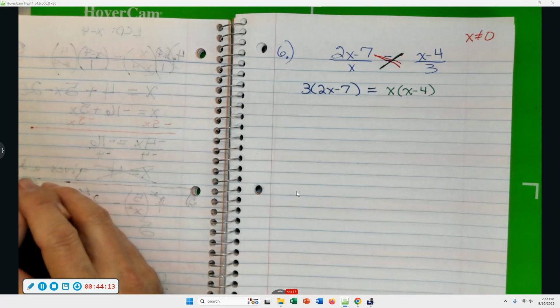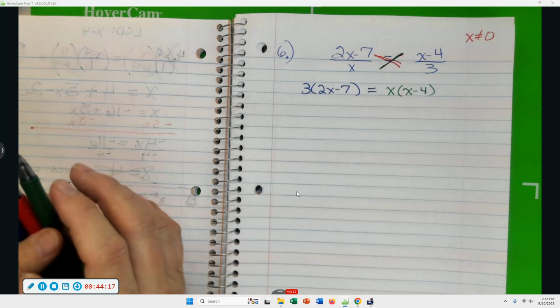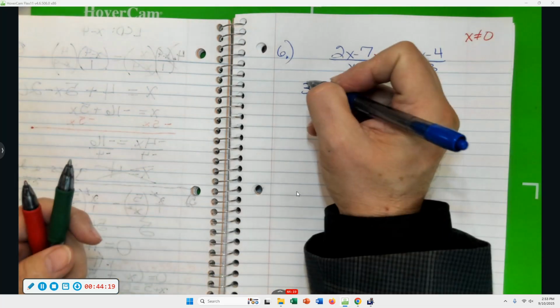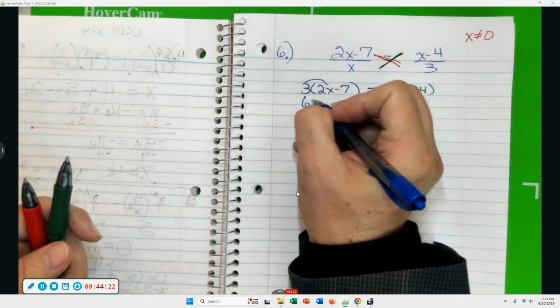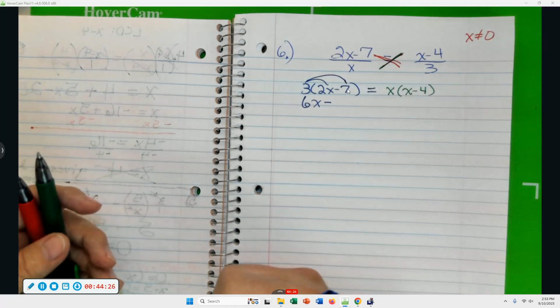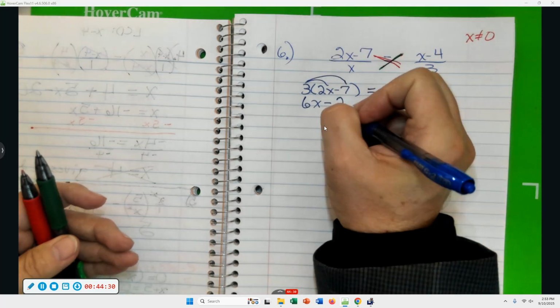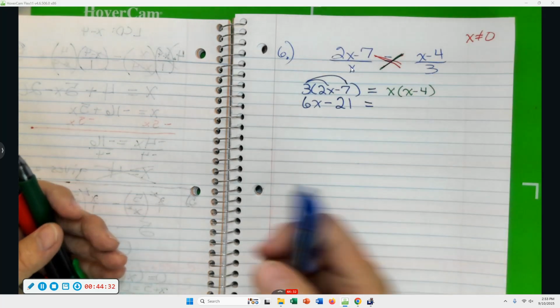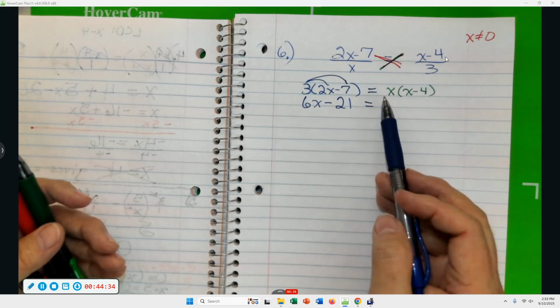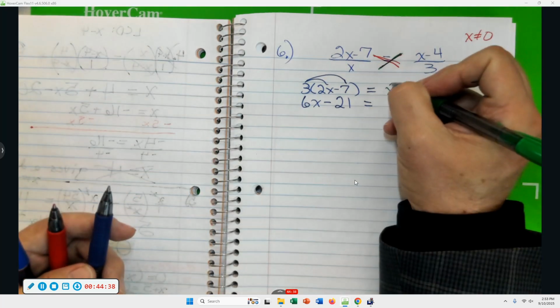We know what we're going to have to do to get rid of those parentheses. What are we going to have to do? Distribute. So you're going to get a 6x minus, equals, distributing here, what are we going to get? x squared.